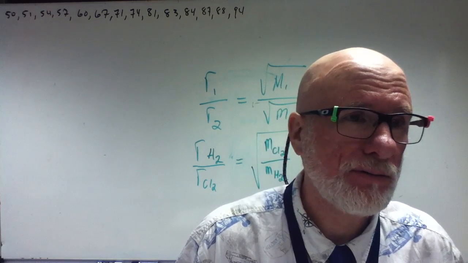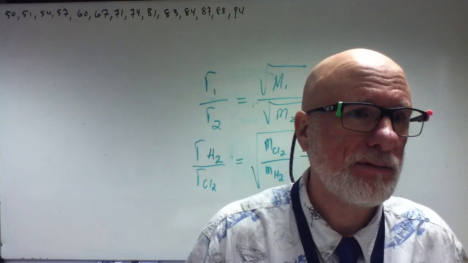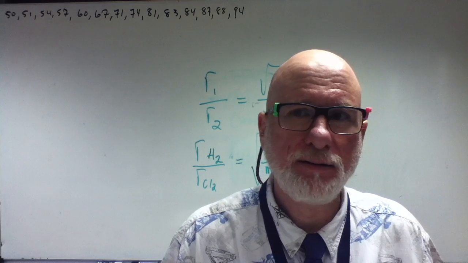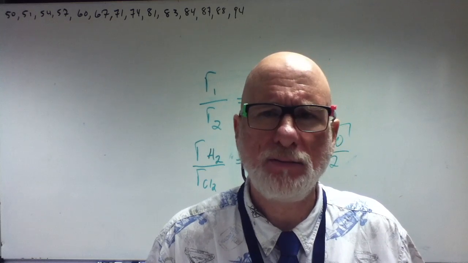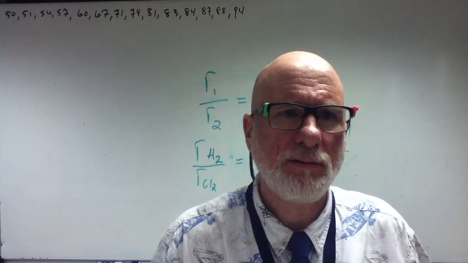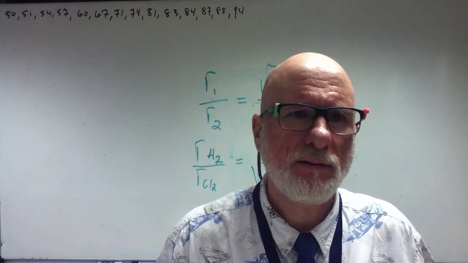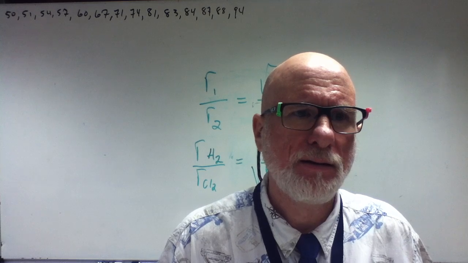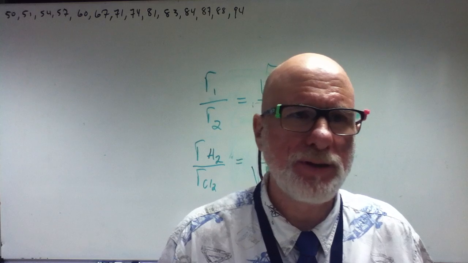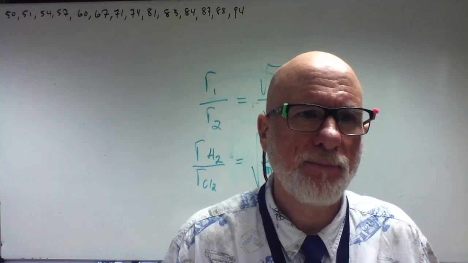I didn't hear you. Square root of 35 is 5.91, so 5.92. Okay. Neve, could you shut your book, please? Thank you.